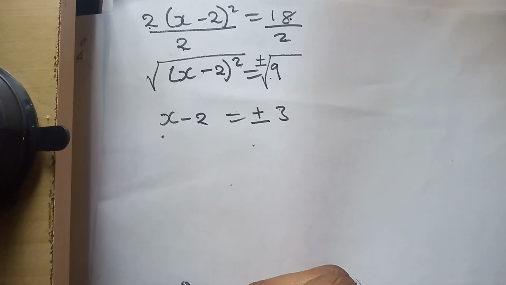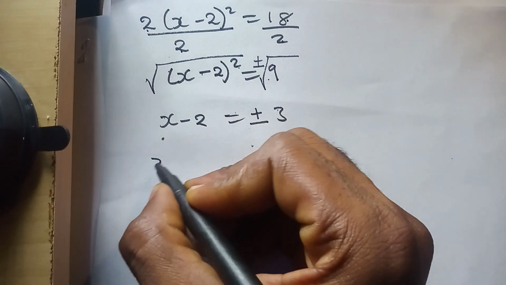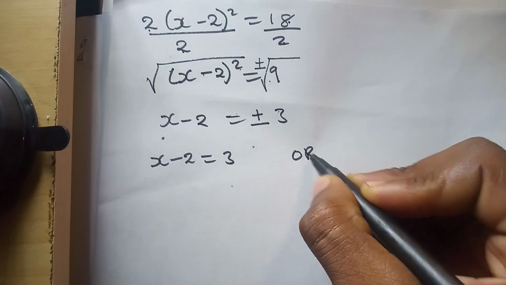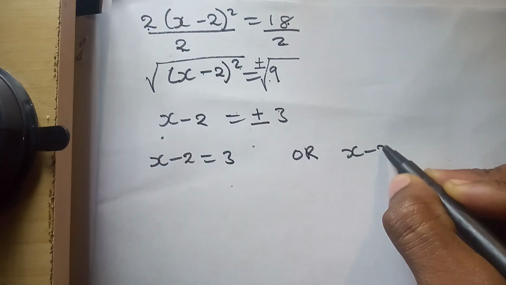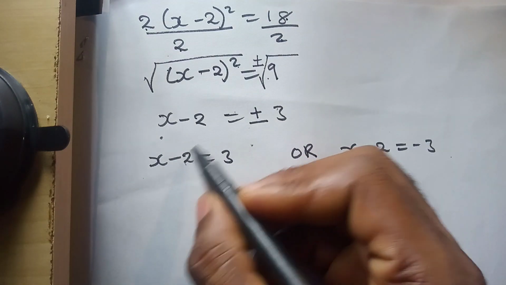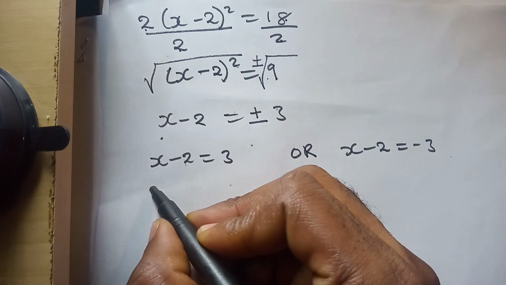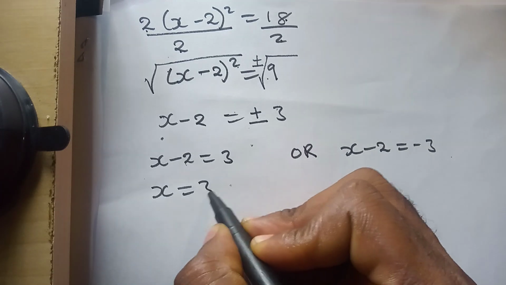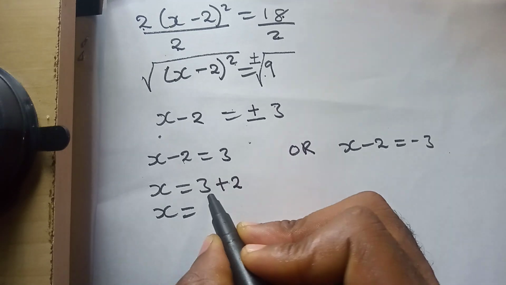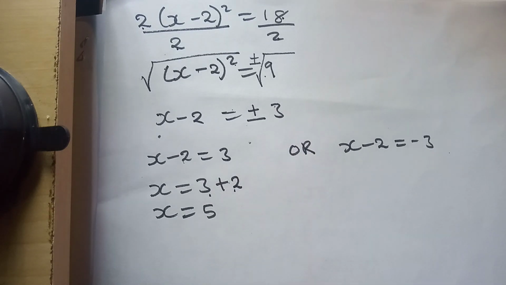So you have two equations to solve now. You have x minus 2 is equal to 3, or x minus 2 is equal to negative 3. And then you can take the 2 to the other side so that you have x is equal to 3 plus 2. And then x will be 3 plus 2 is 5.